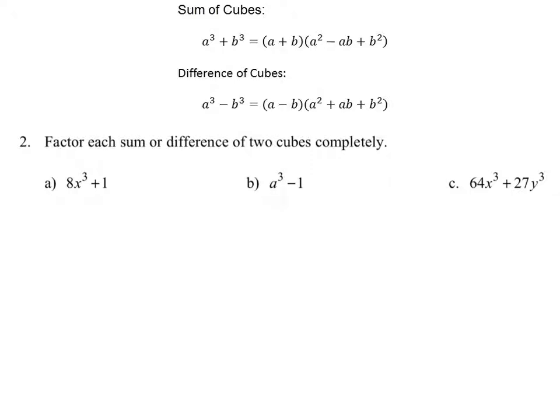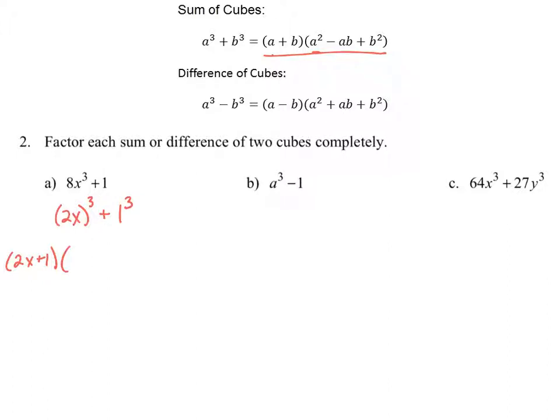We can recognize that these are in the form of the first example, 8x to the third plus 1 is in the form of a sum of cubes. Since 8x to the third can be written as the quantity 2x to the third, and 1 is 1 to the third. So our a is going to be the 2x and the b is equal to 1 using the model equation that we have here. One factor is 2x plus 1, and then we have a squared.